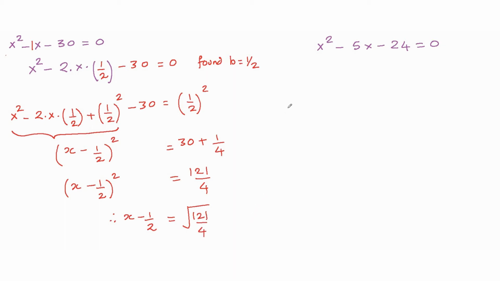So let us find that now. This means x minus half is equal to square root of 121 is 11 divided by square root of 4 is 2, and I'm going to have a plus or minus sign.